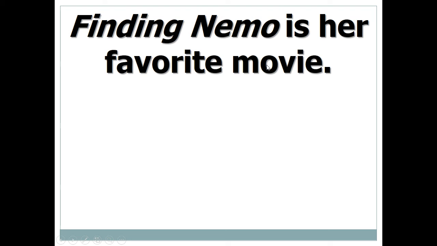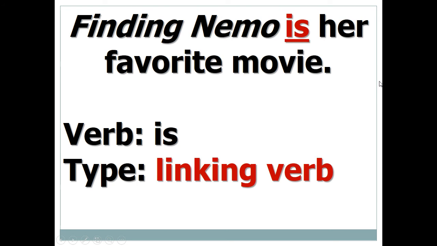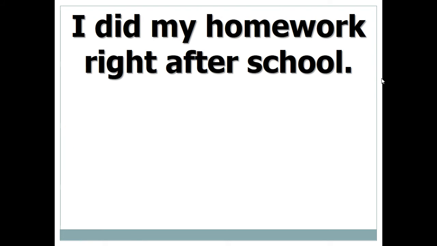But the word movie, it looks to me that this word movie is describing back to Finding Nemo. The word movie and Finding Nemo are the same thing. So that probably tells me then that somewhere in my sentence, I probably have a linking verb. And if you look close enough, the verb would actually be the word is. And since the word movie is linking back to Nemo, we would say that the word is just a linking verb. Okay?